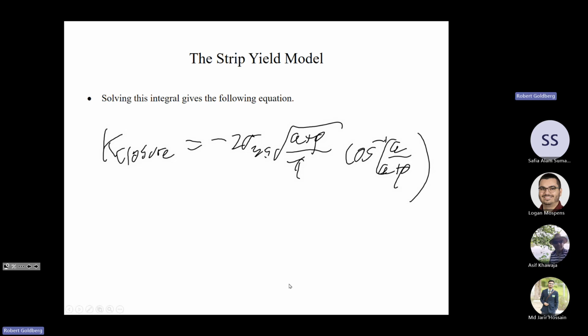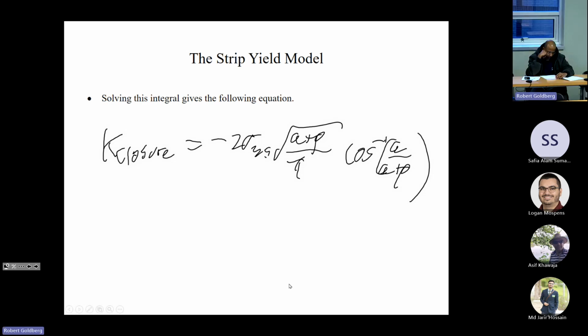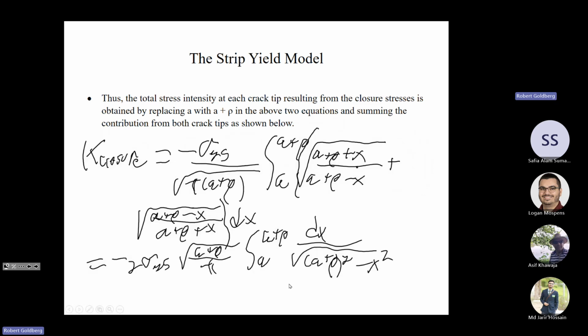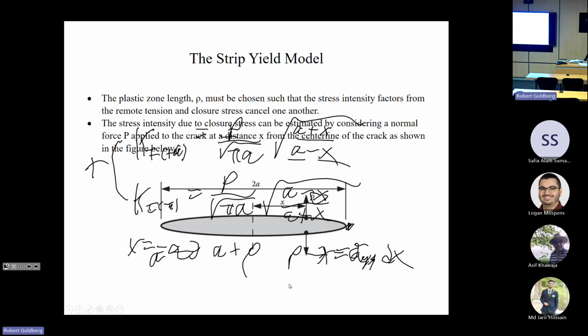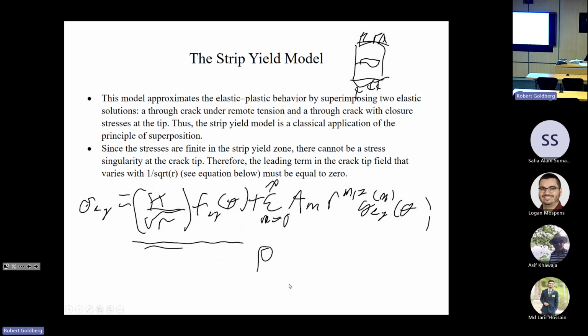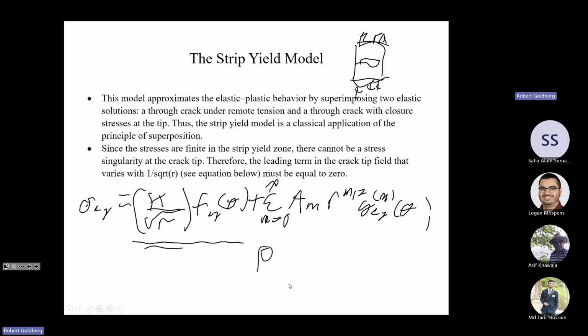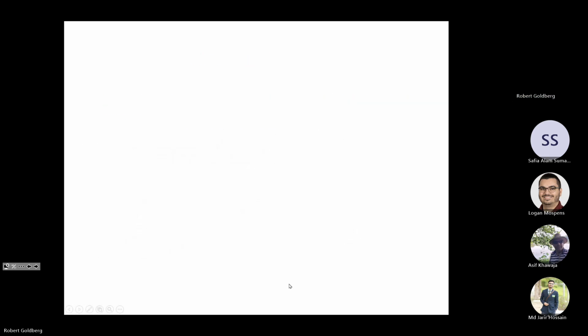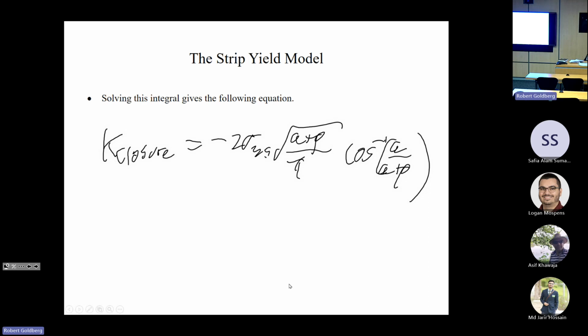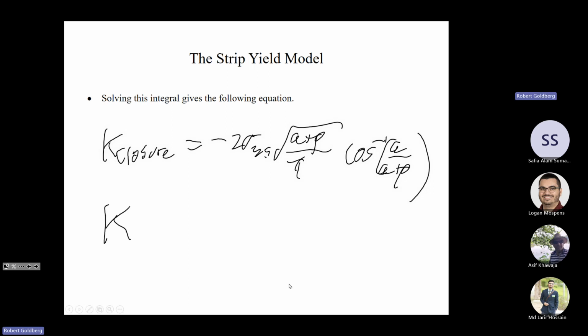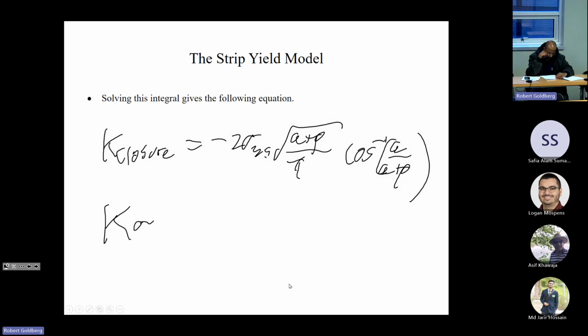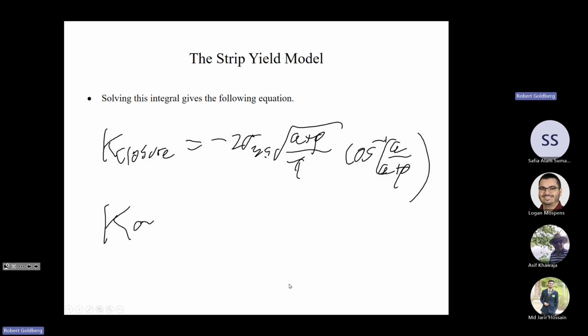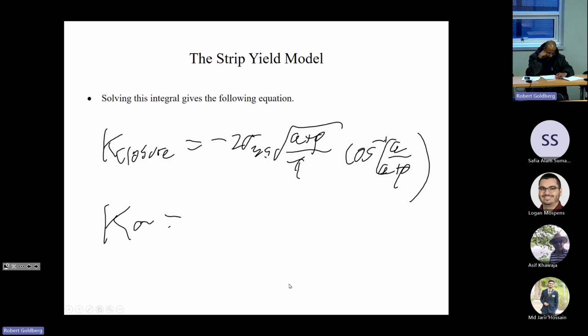Now, what we talked about is that in order for this original term in our expression to go away, this term here has to balance with what our stress intensity factor would be if we just had our plate under infinite loading, no closure stress.